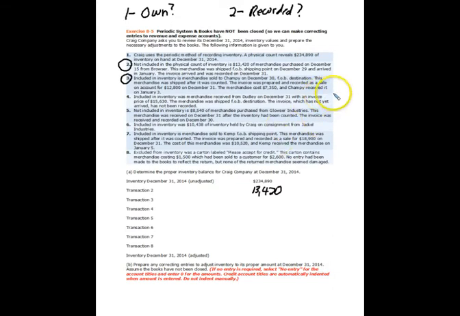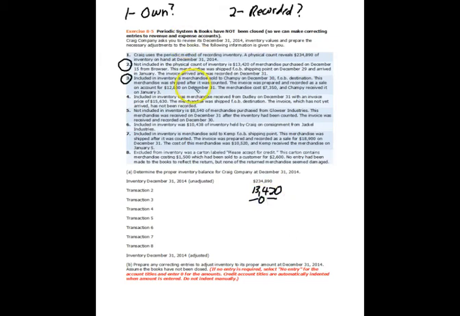The merchandise cost $73.50 and Champy received it on January 3rd. So we own the goods in this case, and we've recorded them, and we also included it in our ending inventory because it was included in the ending inventory count. So we really don't need to do anything here.